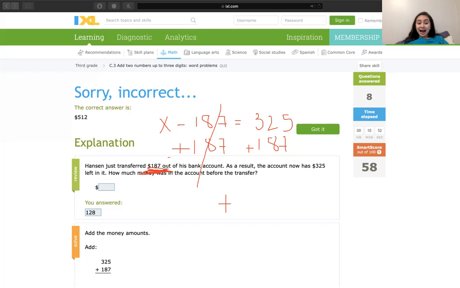If you transfer out, it's a subtraction. So out is like taking away, and transfer to is like you're adding, you're putting more money. Okay, so that's where my mistake was. So we have to be very careful with words like this, because reading it fast or missing important words like that will mess up the calculations.